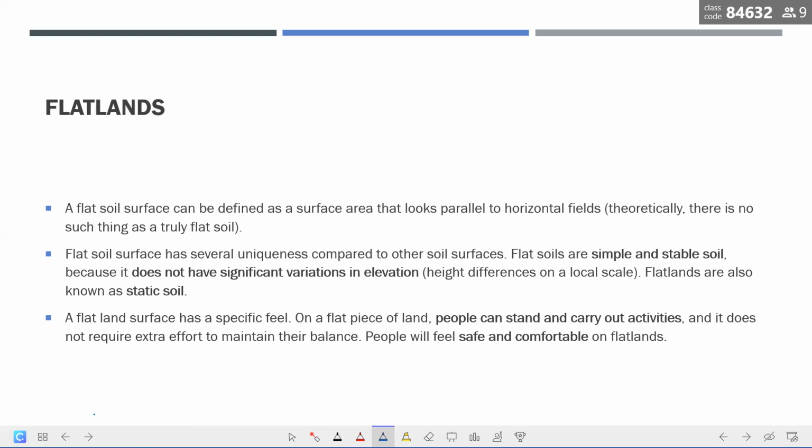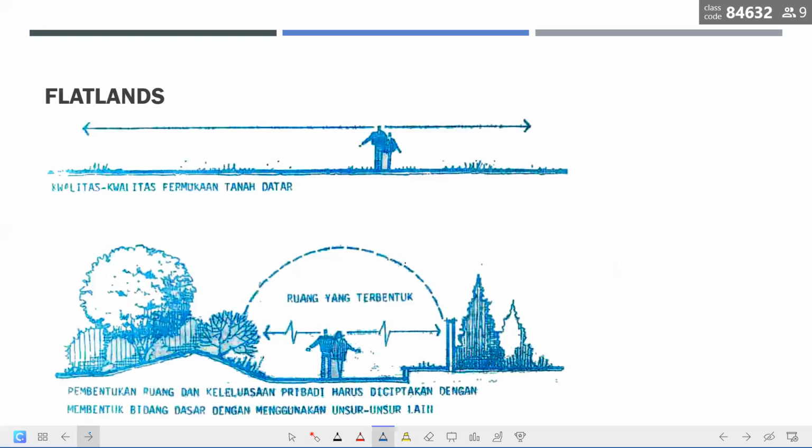Whereas on a slope, you might need to manipulate your body position in a certain way to maintain your balance. People will generally feel safe and more comfortable on flatlands than they would be on any other landforms.